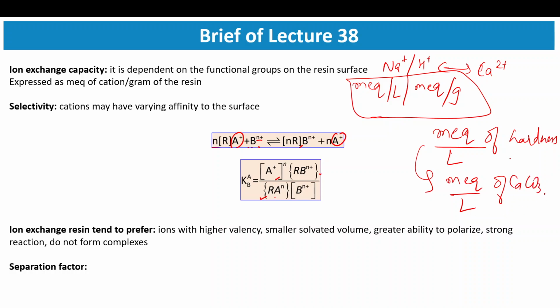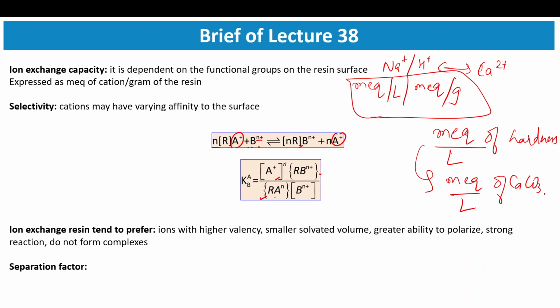If you are solving any numerical, or dealing with ion exchange or hardness removal, always use milli-equivalents as the concentration. So milli-equivalents per gram for the ion exchange capacity, or milli-equivalents per liter for the hardness concentration, expressed in the form of calcium carbonate hardness.